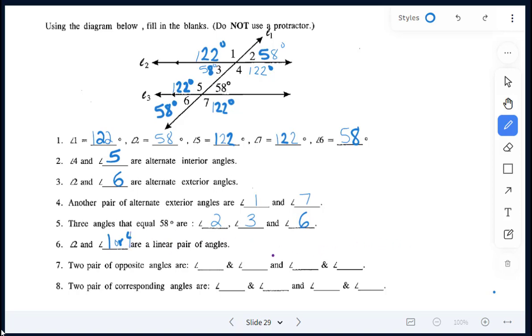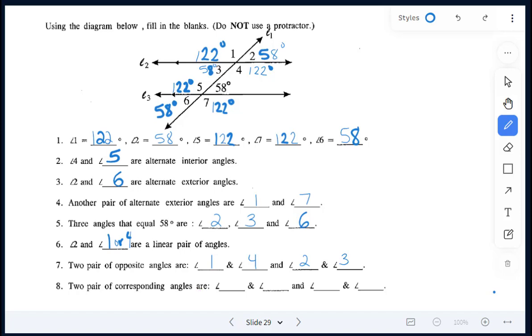All right, 2 pairs of opposite angles. Any 2 that are opposite angles, so 1 and 4 here are opposite angles. 2 and 3 would be opposite angles. Like 5 and 7 would also be another pair, but we just have to give 2 examples. 2 pairs of corresponding angles.